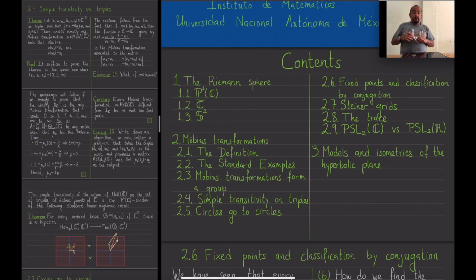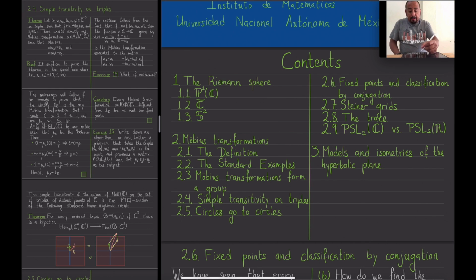And second, I'm going to use the fact that there are always at most 2 fixed points to obtain a classification up to conjugation, and to see that every Möbius transformation is conjugate to one of the standard examples.